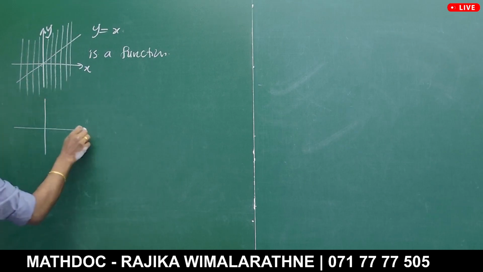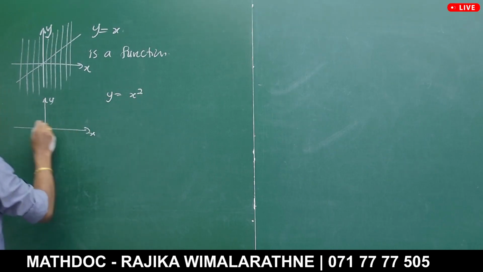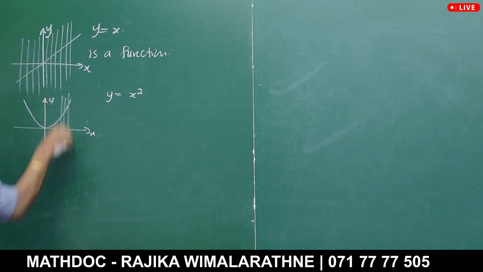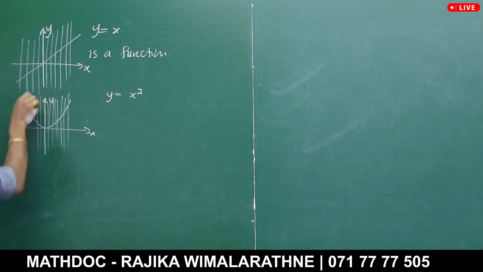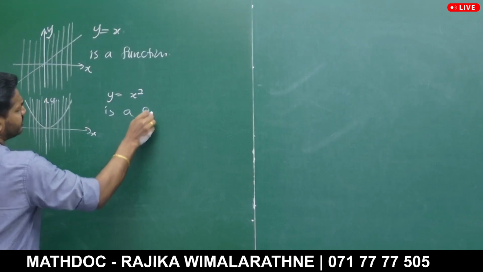The next, y equals x squared. You do with me. You sketch many vertical lines close to each other. Now this is very clear, but you just write all. Then it is a function.